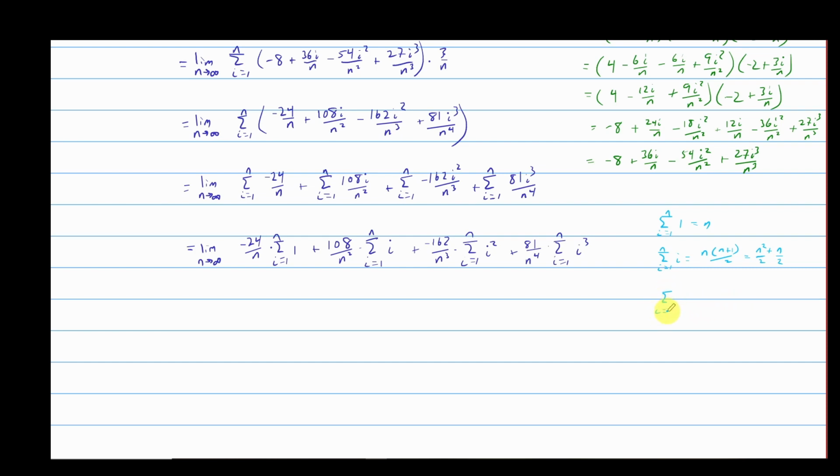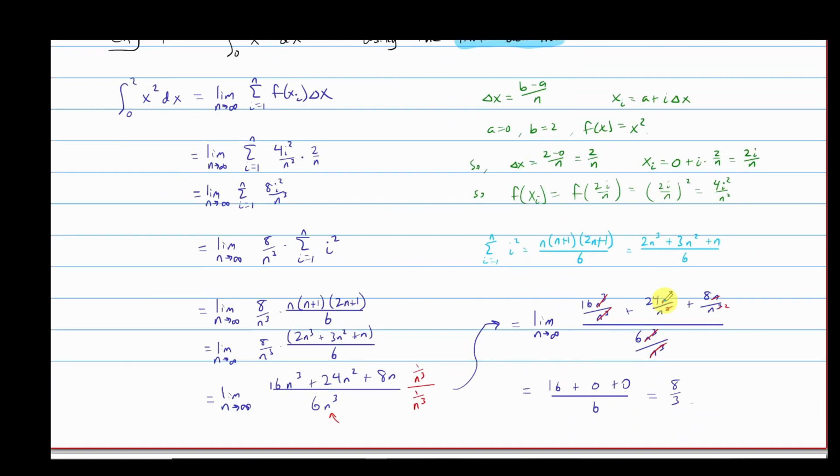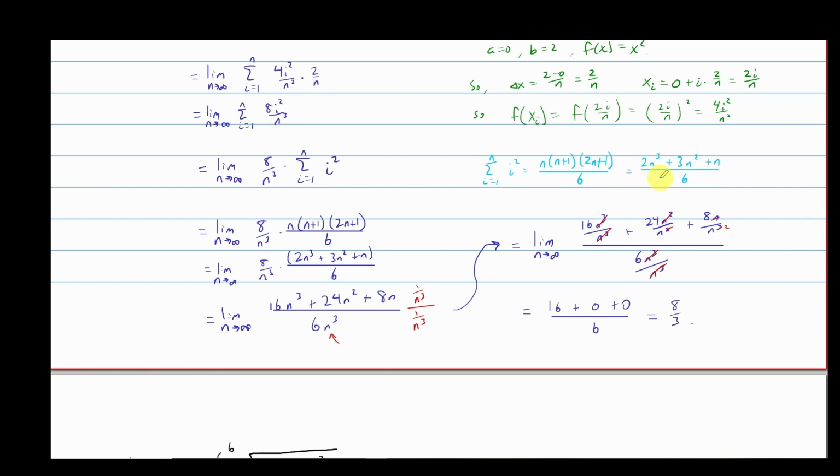Okay. The sum from 1 to n of i squared, if you remember back, just an example, we said we could write that as 2n cubed plus 3n squared plus n over 6.